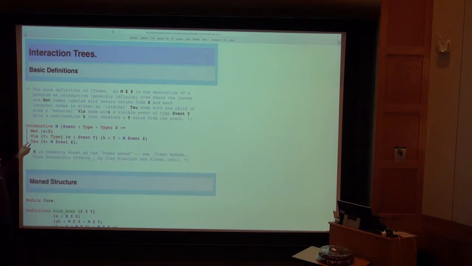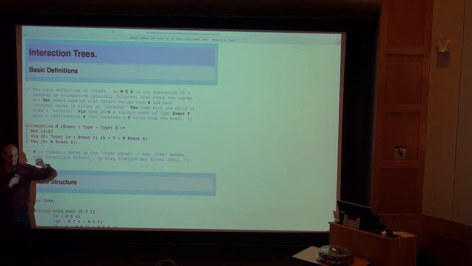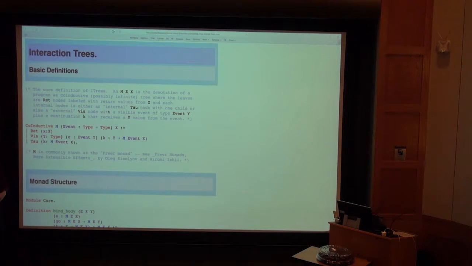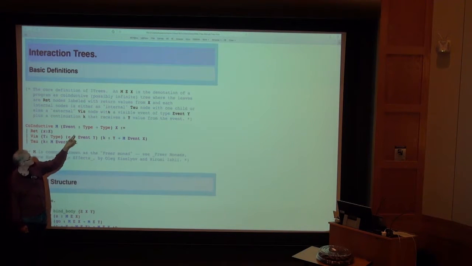In other words, a tree whose root node is called vis is labeled with an event at the top, and once that event happens, if that event is, for example, a read, then the value read by that read will be the result of the event.